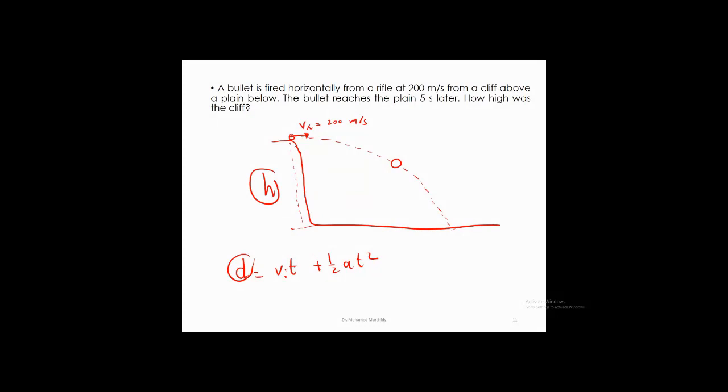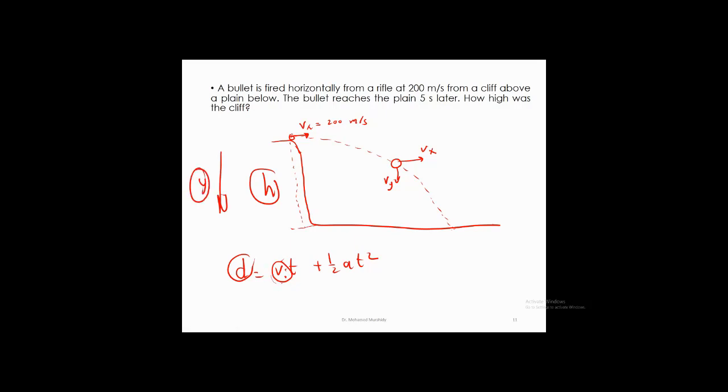But be careful here. What Vi and what a? We have a 2-dimensional motion now, not 1-dimensional. We have Vx and we have Vy. So when we talk about Vi, is it for Vx or Vy? We are talking about the height, so we mean the y direction.